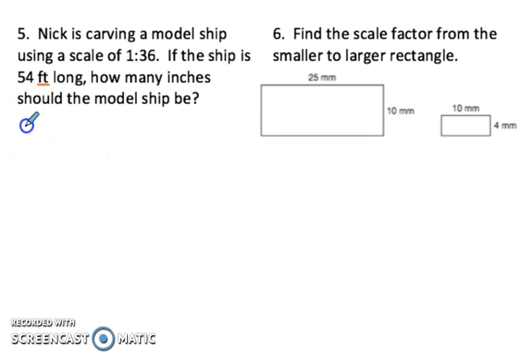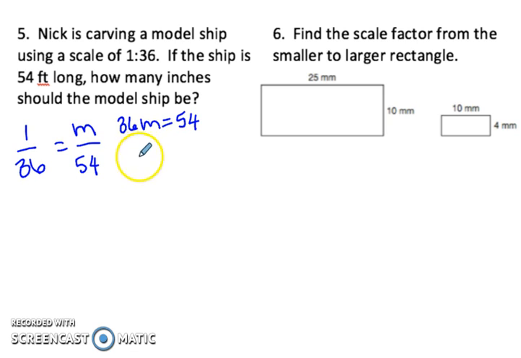All right, so we have a model ship. Scale is 1 to 36. If the ship is 54 feet long, well, 54 is the actual ship, so 54 goes in my denominator, and I want to know the length of the model. So I cross multiply, and I get 36m is equal to 54. That's actually the exact same division problem we did up top, and you get that the model ship is 1.5, and my unit is going to be in inches.